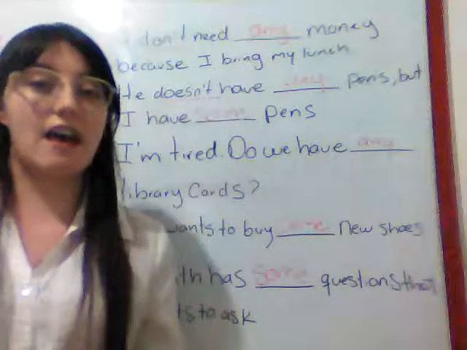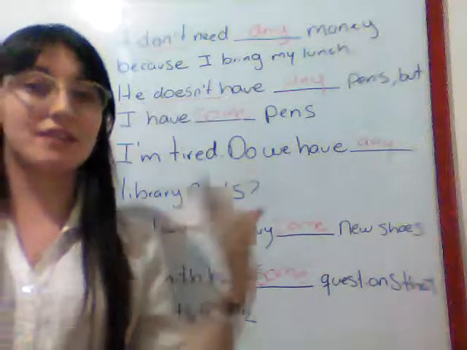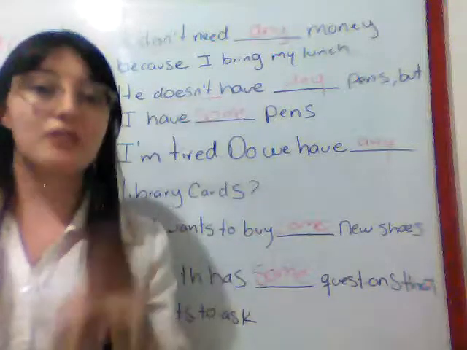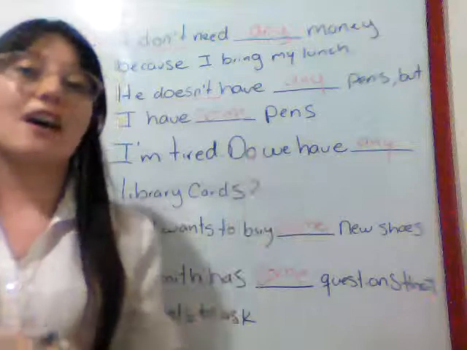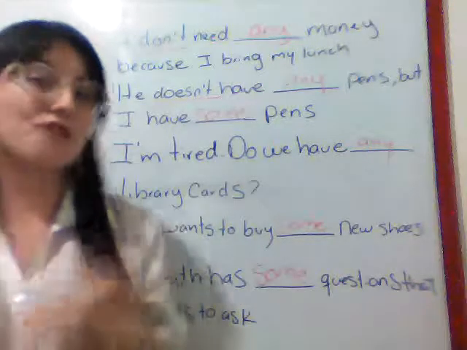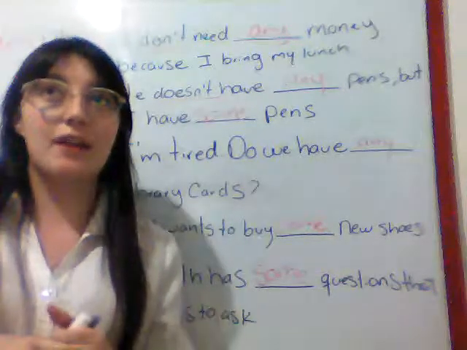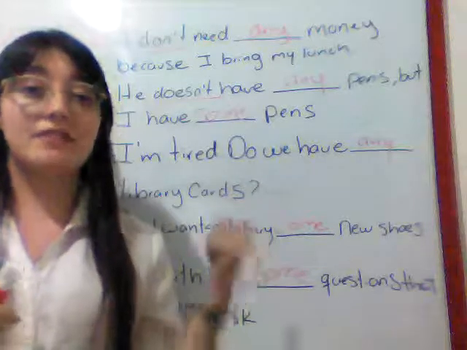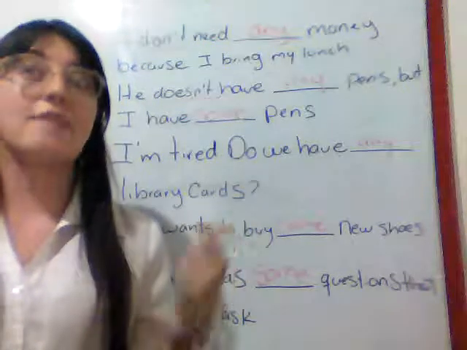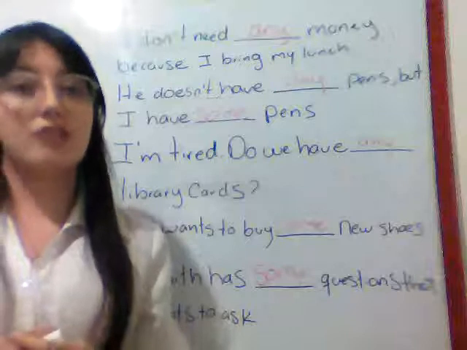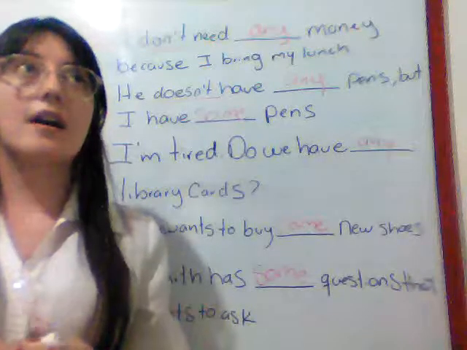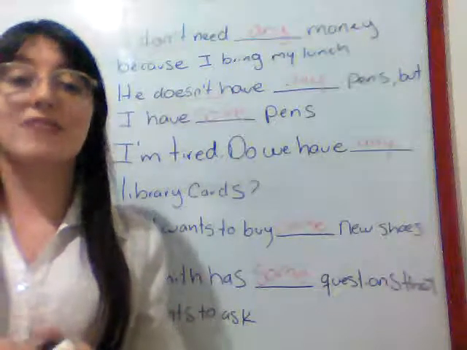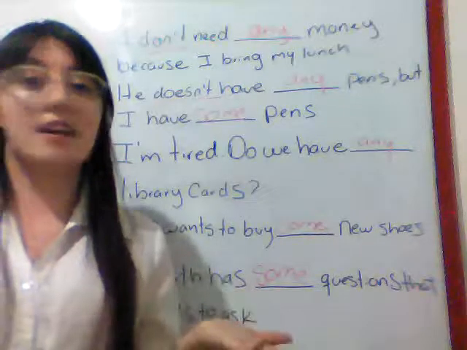I think we can create more sentences, but you try to imagine the words. So, for example, in an affirmative sentence with some, I can say, I have some bags for the sales clerk.